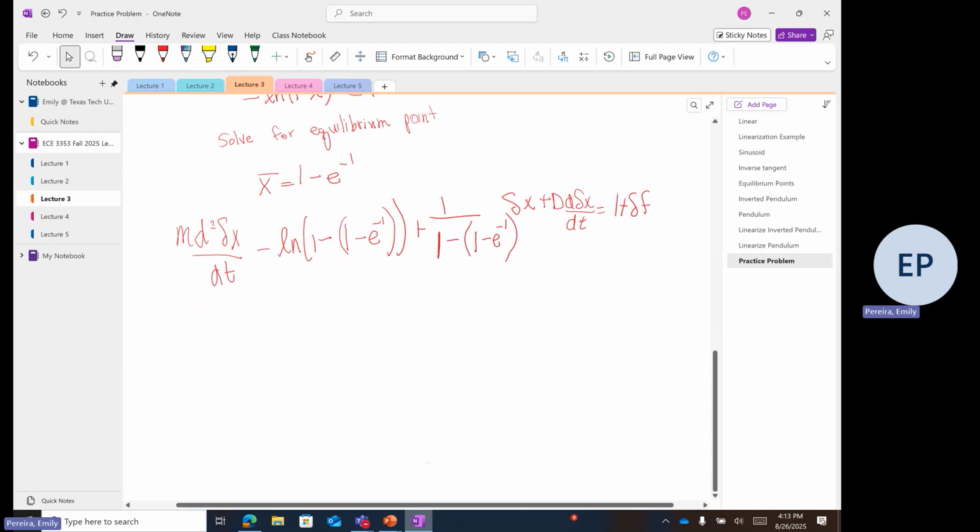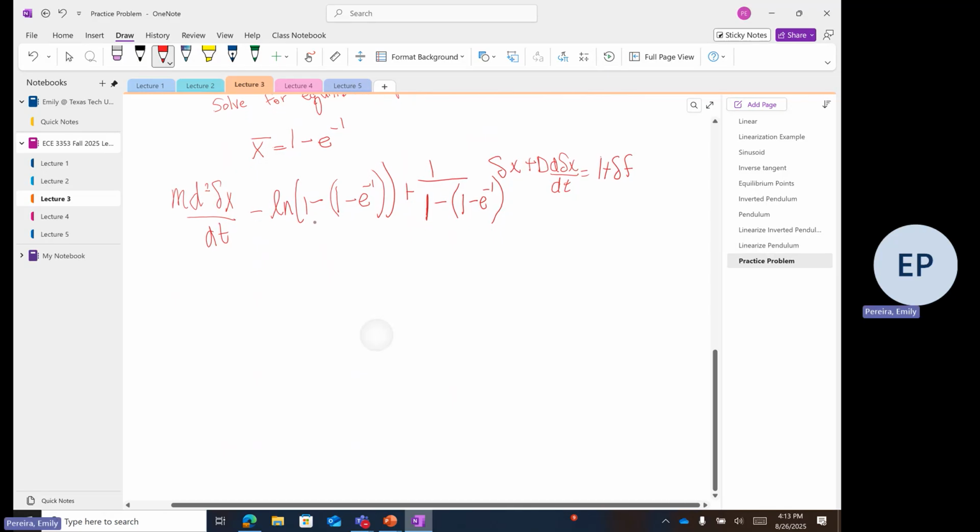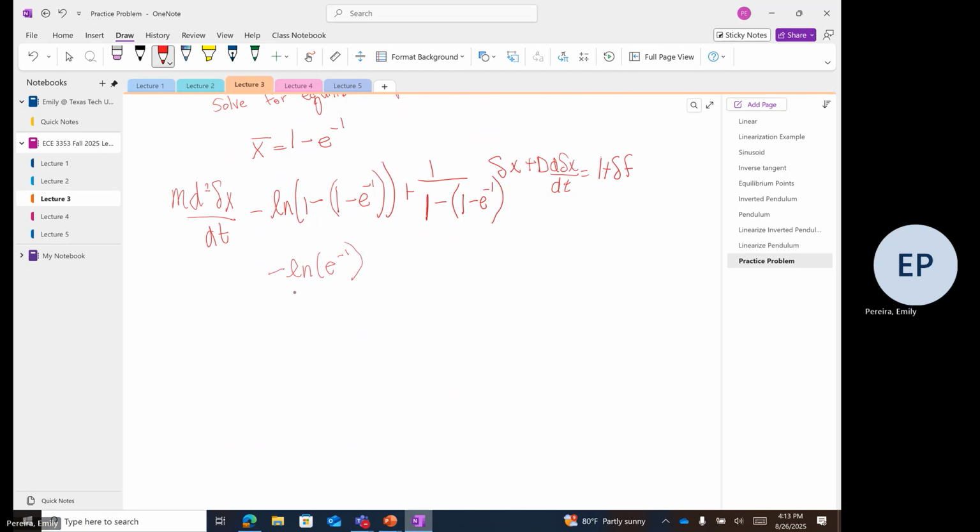Okay. So 1 minus 1 is 0, and then the natural log of e to the negative 1 is 1.